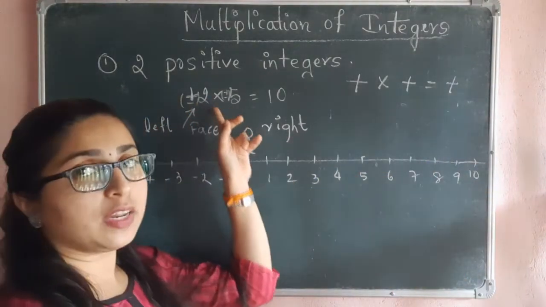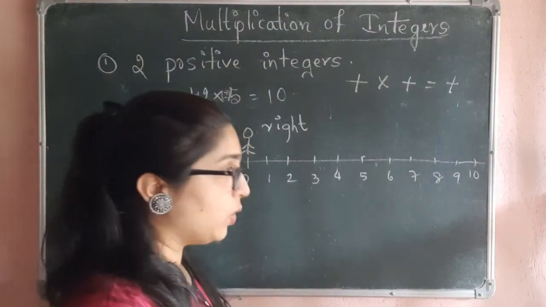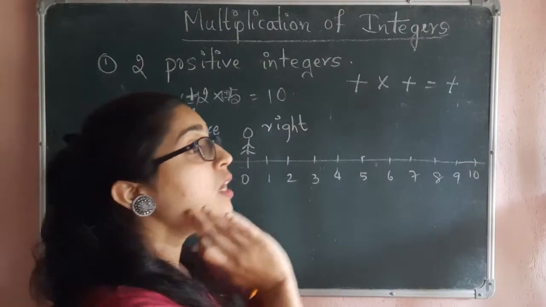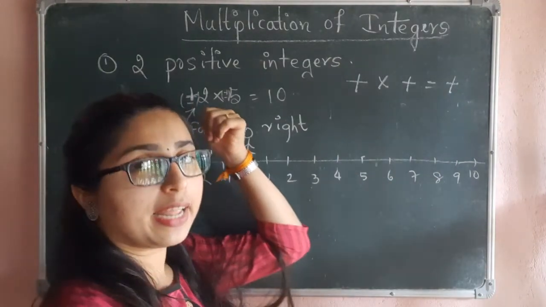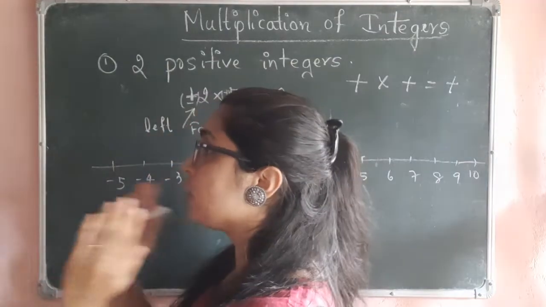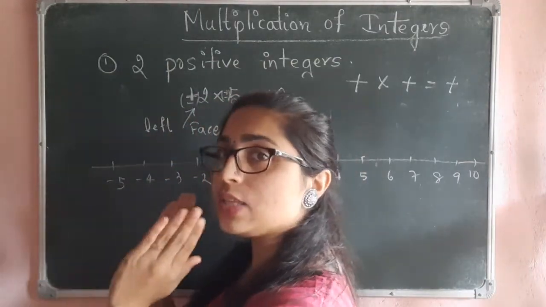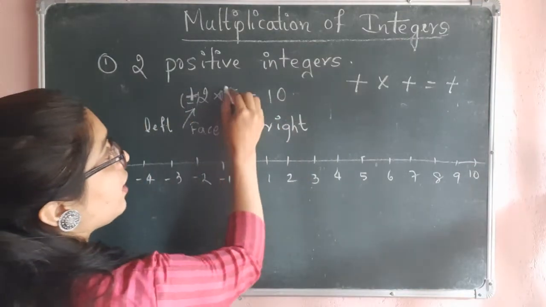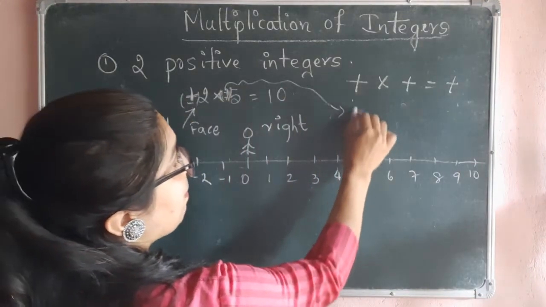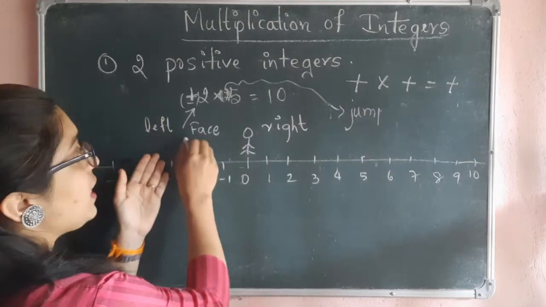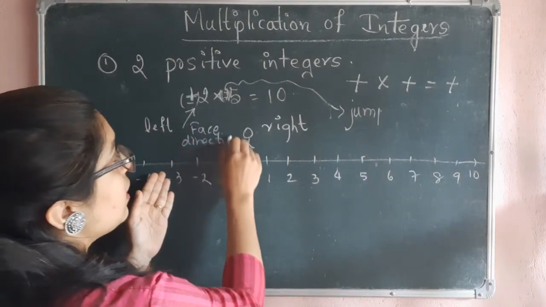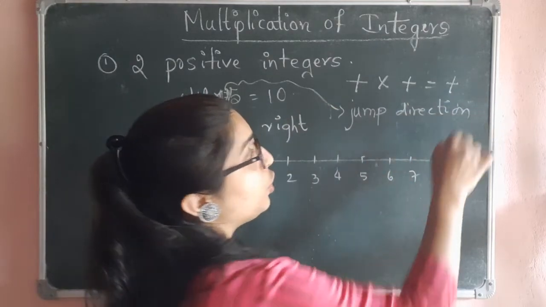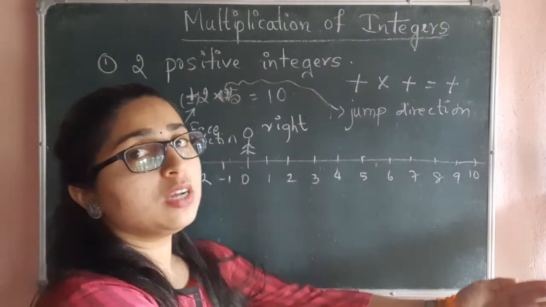So if there is positive, that means I am standing at 0 and I am facing towards right of 0. That means towards the positive integers. If there is a negative sign, that means I am facing towards the left of 0. That is towards the negative numbers. And here, it tells you about the jump direction. This is the face direction. This is the jump direction. It will tell you, you have to jump either forward or backward.